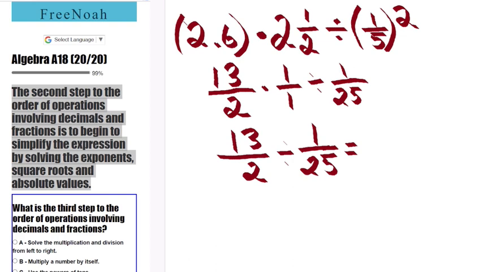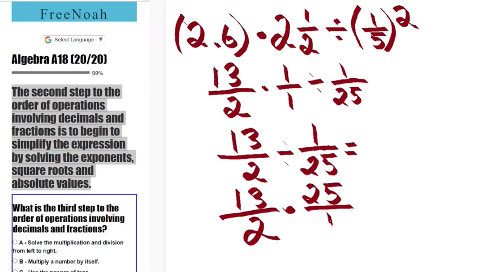Let's switch the division sign into a multiplication sign and take our second fraction there and flip it and multiply by the reciprocal, which is 25/1. And we simply multiply from left to right. 13 times 25.